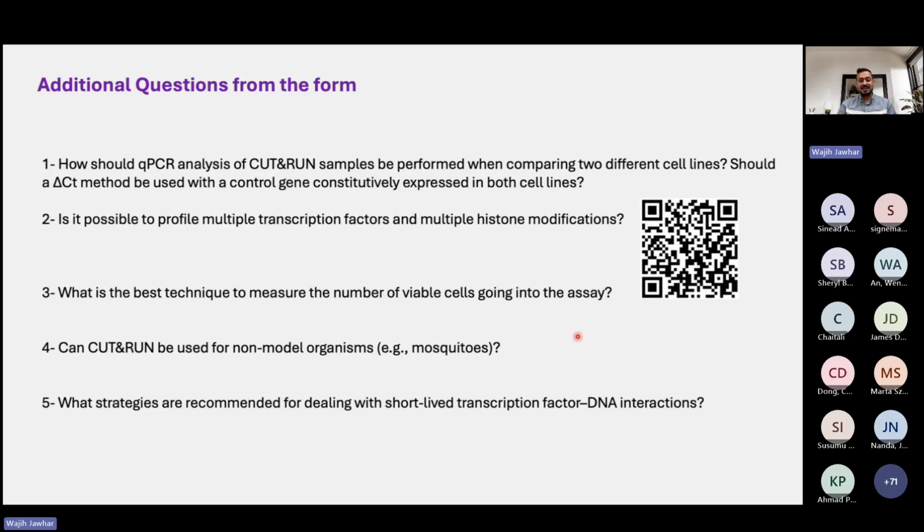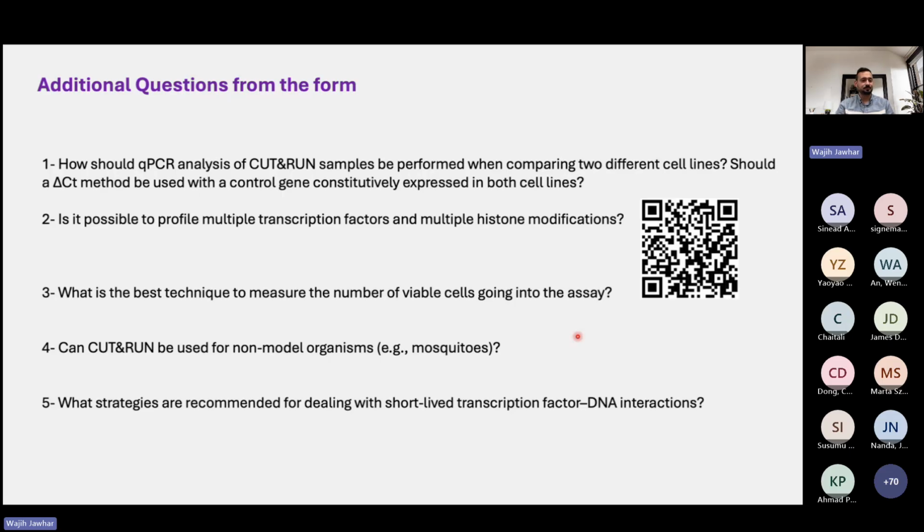So I would still say, even if your enriched DNA has similar or sometimes even less amounts than your IgG, still do a qPCR-based or ddPCR-based analysis, or even send for sequencing, because it's often with lowly abundant targets that it's very hard to quantify the output DNA with fluorometric approaches.